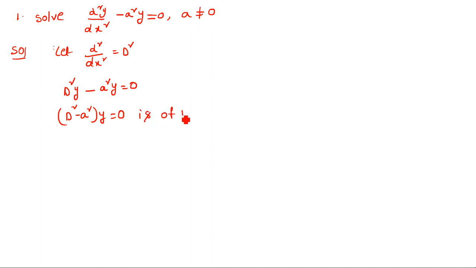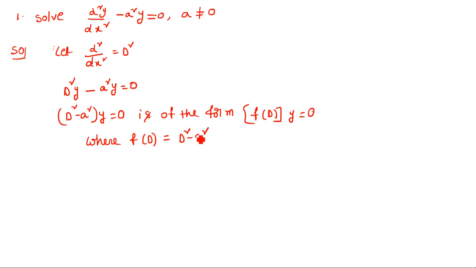This is of the form f of D into y equals 0, where f of D equals D square minus a square. Now we have to find the complementary function.